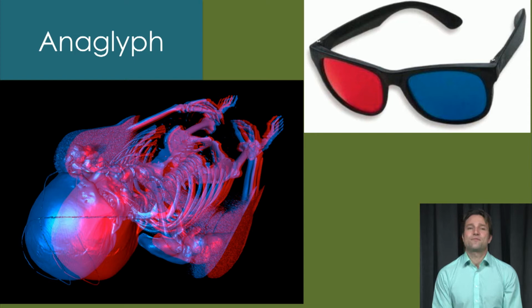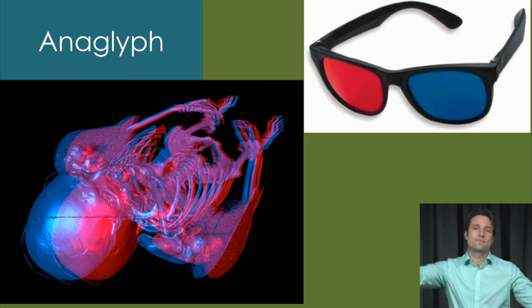If you own a pair of red-blue glasses, try them on this image. Anaglyph's big advantage is that the glasses are cheap and the images can be displayed on any medium, from regular cell phone displays to standard movie screens.